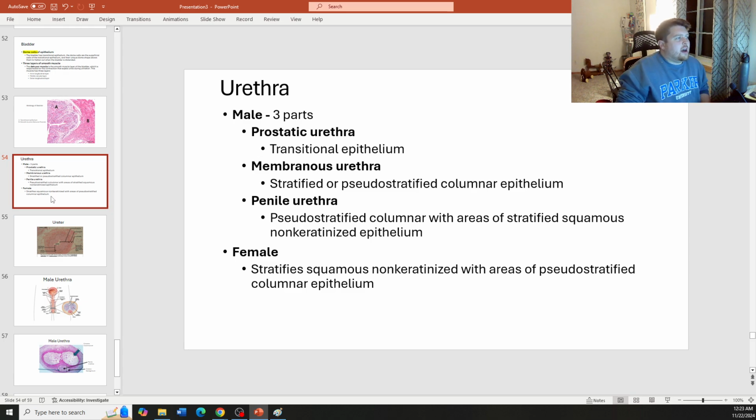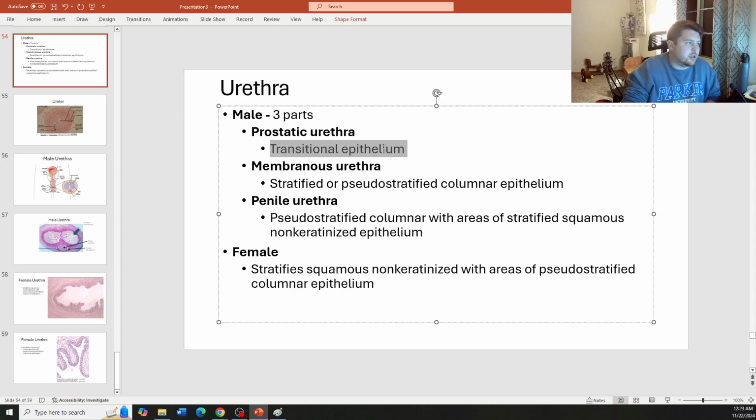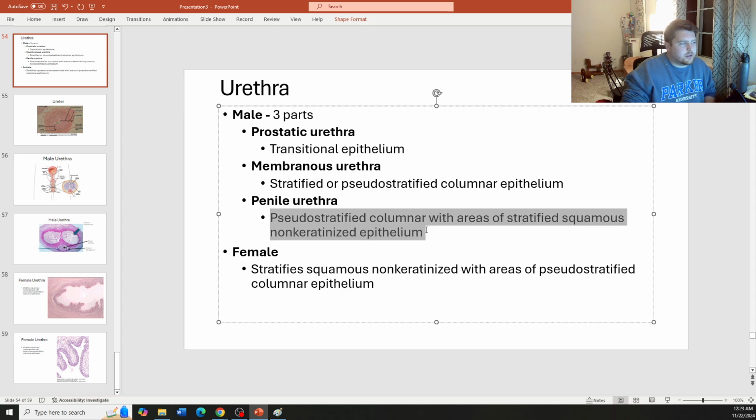The urethra, we have male and female urethra. The male urethra has 3 specific parts. There's the prostatic urethra, which has transitional epithelium still. The membranous urethra, which now changes to stratified or pseudostratified columnar epithelium. And then finally the penile urethra, which has pseudostratified columnar with areas of stratified squamous non-keratinized epithelium.